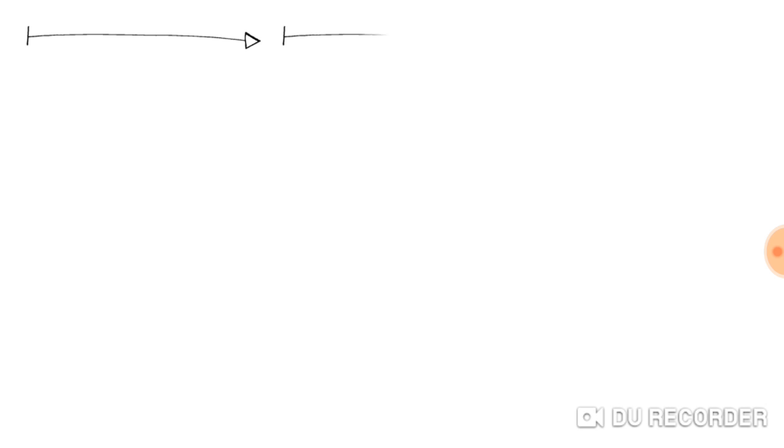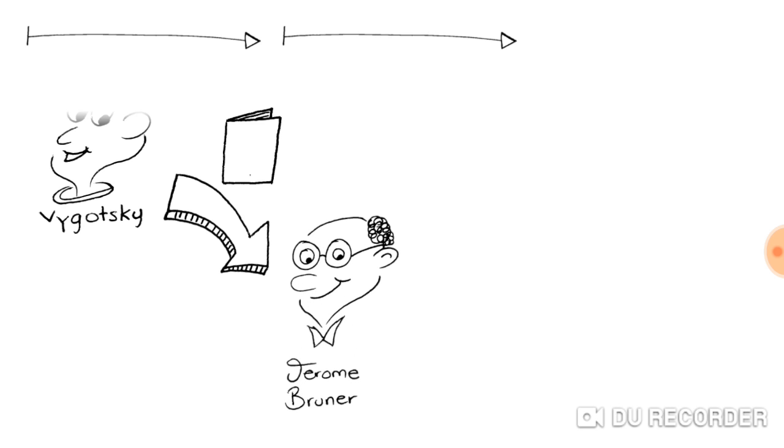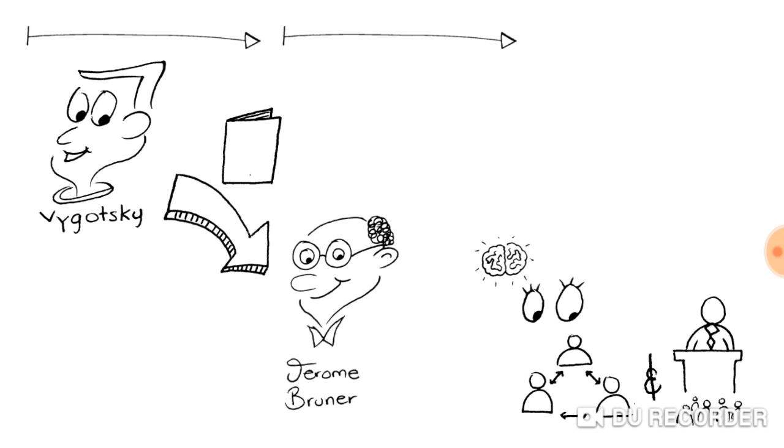Eventually, Bruner was influenced by Vygotsky's writings and began to adopt a social and political view of learning. Bruner argued that aspects of cognitive performance are facilitated by language.